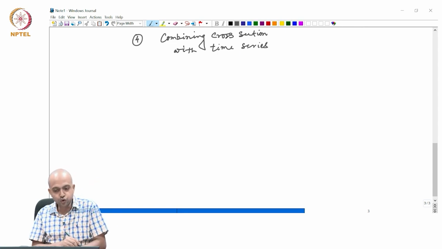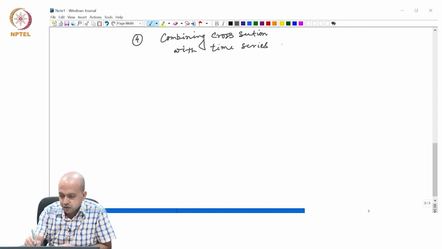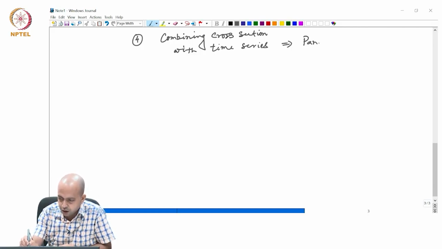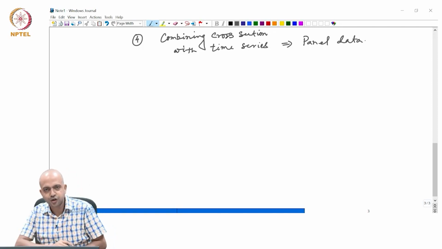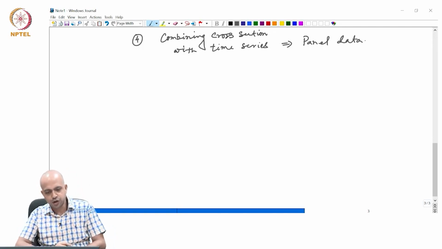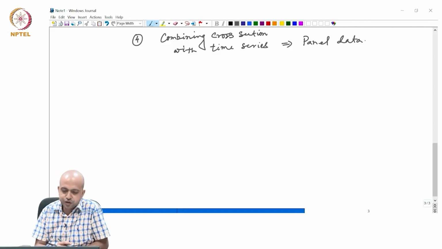So, if you can do so, then you may combine cross section with time series and get a panel data. So, in panel data, the severity of the multicollinearity problem goes down. That is also another solution, combining cross section with time series data.